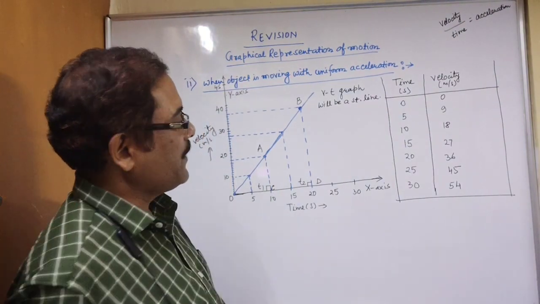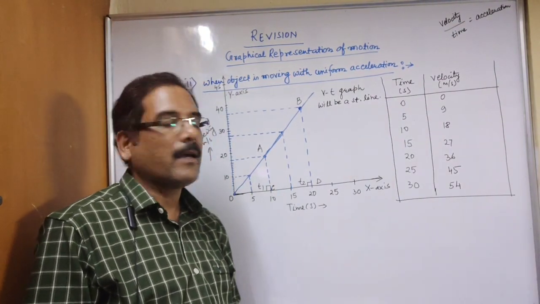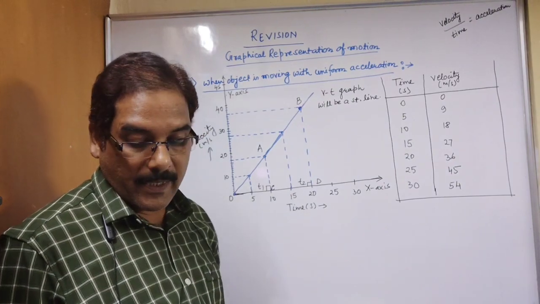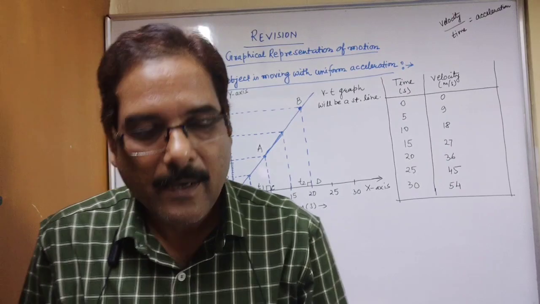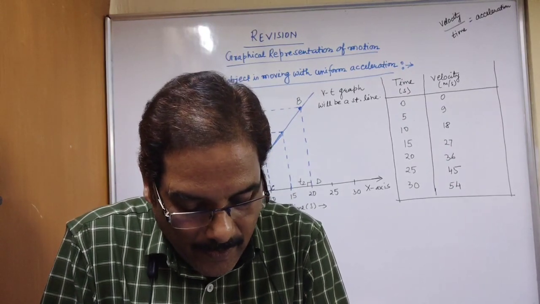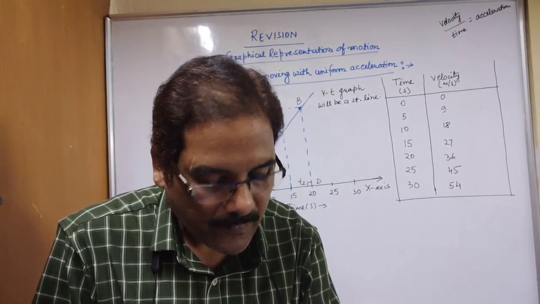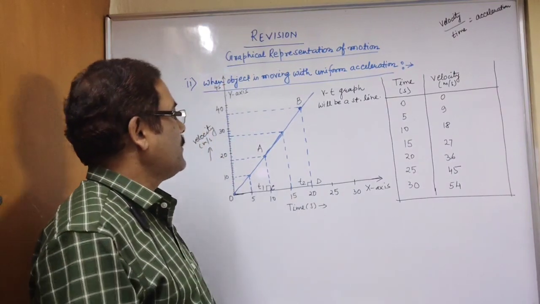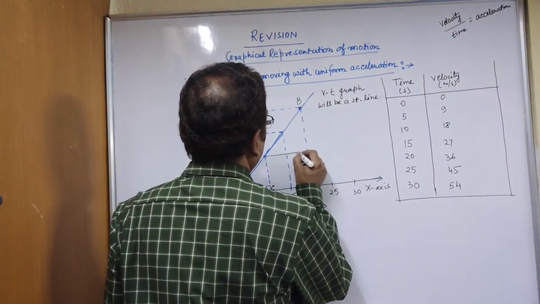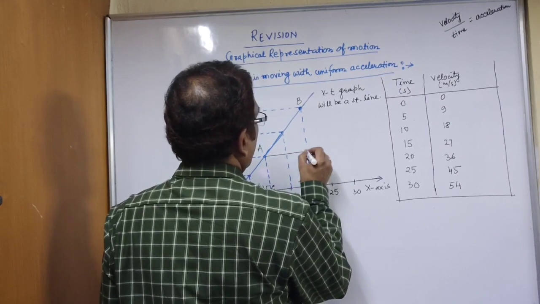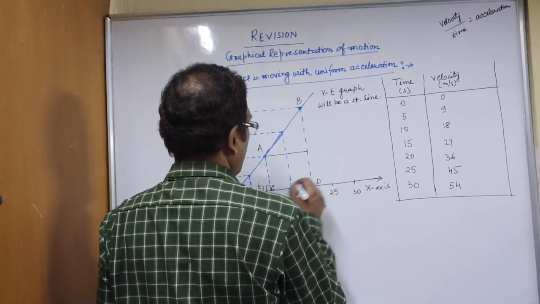So we have seen that area of figure ABCD in the last case gives the magnitude of displacement. So here also you can calculate the magnitude of displacement if you draw a perpendicular here.